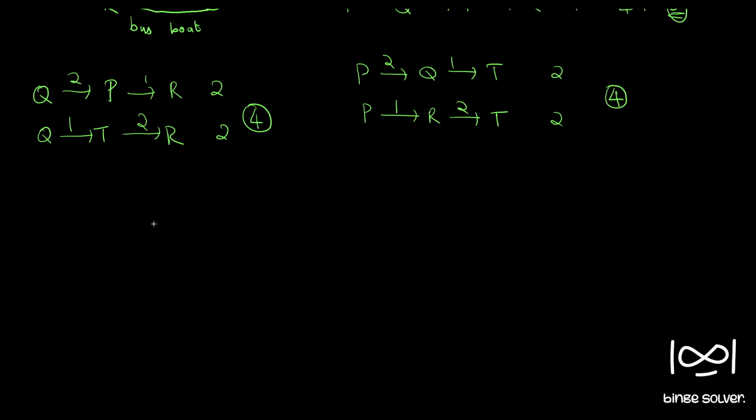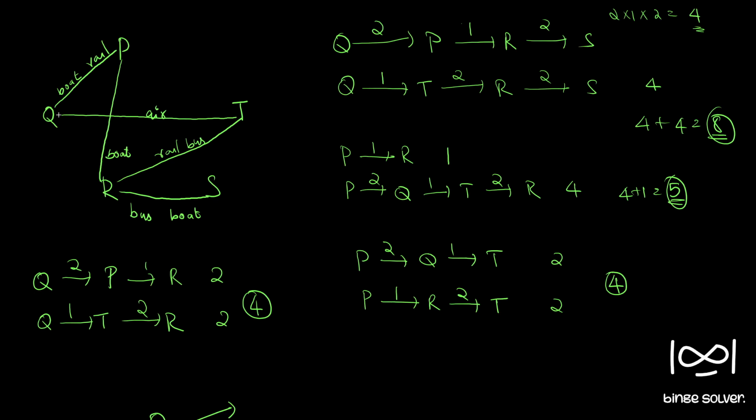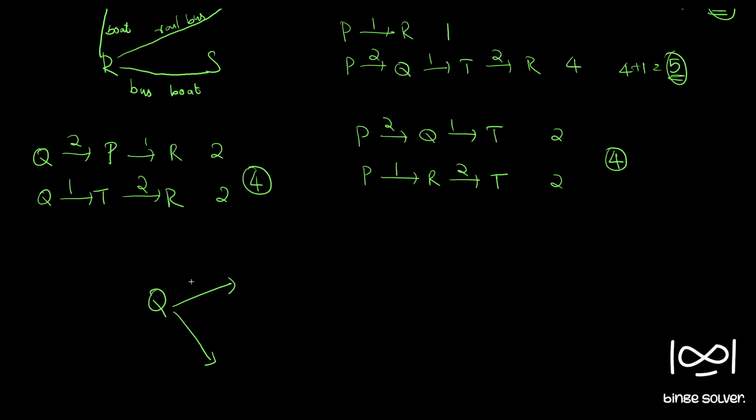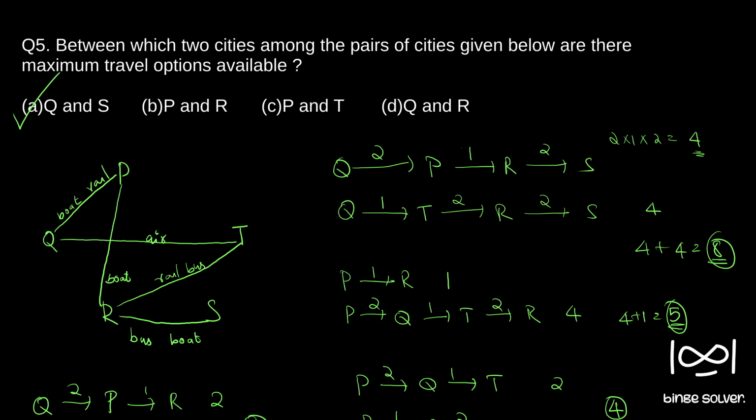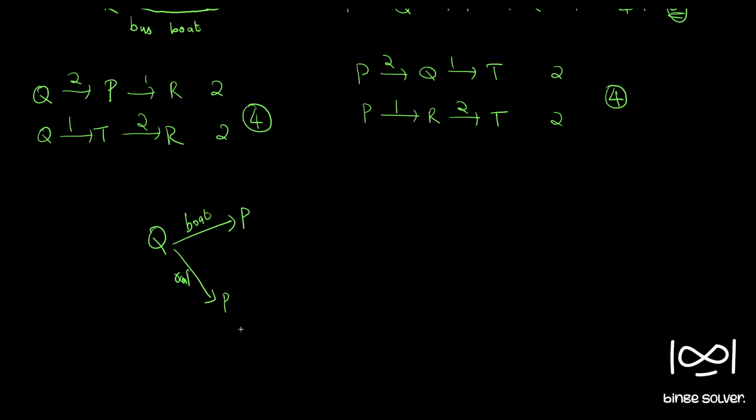From Q to P, we can choose boat or rail. So we have boat here or rail here. From P to R, we can only have one mode of transport.